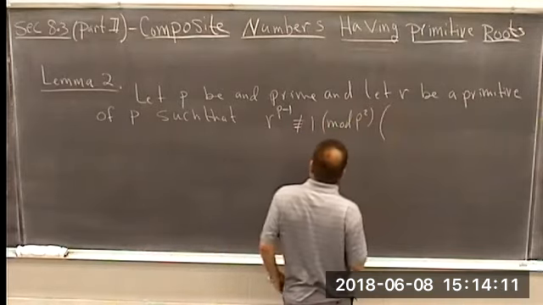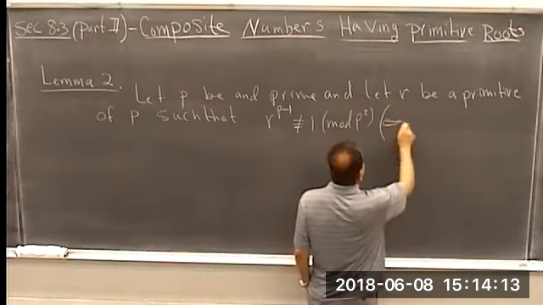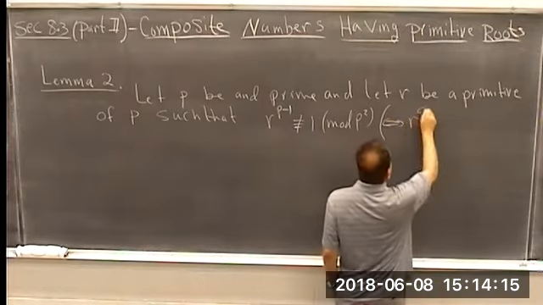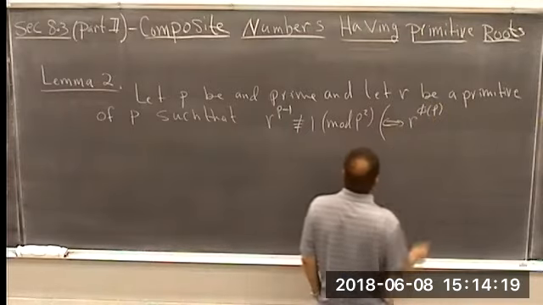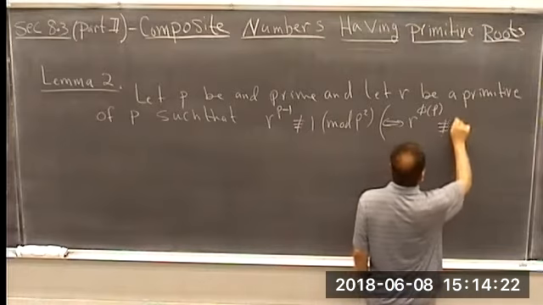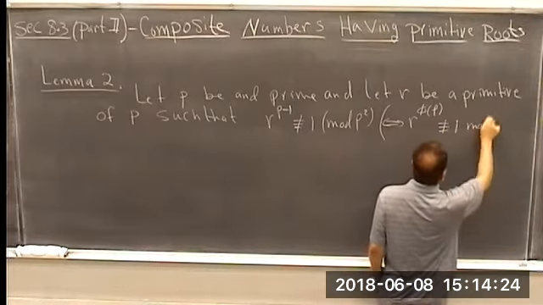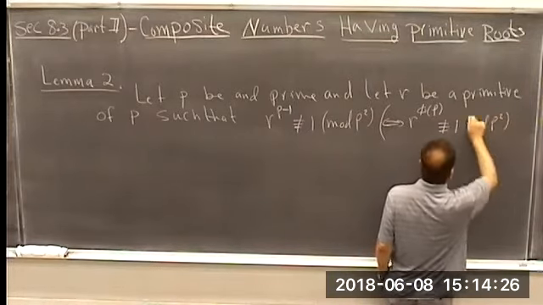But in fact, this is also equivalent to saying that r to the phi of p squared is not congruent to 1 mod p squared.